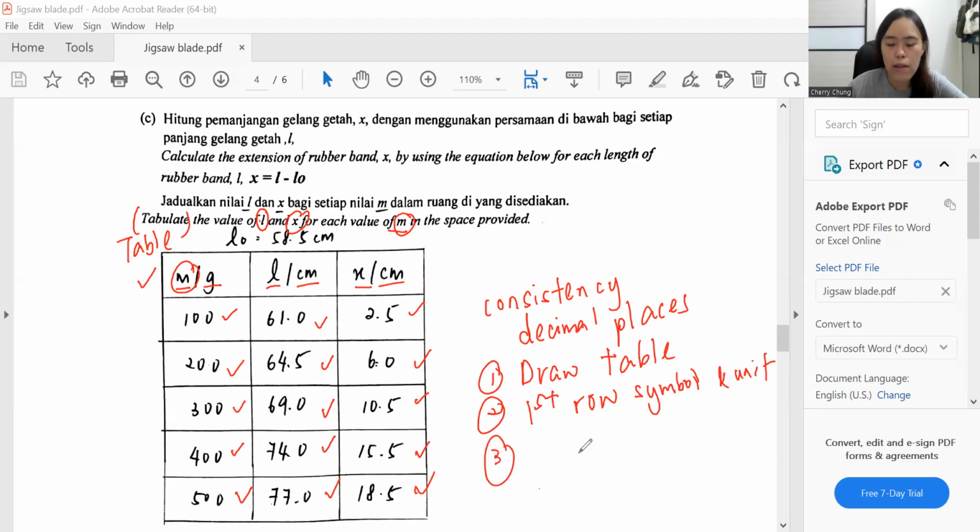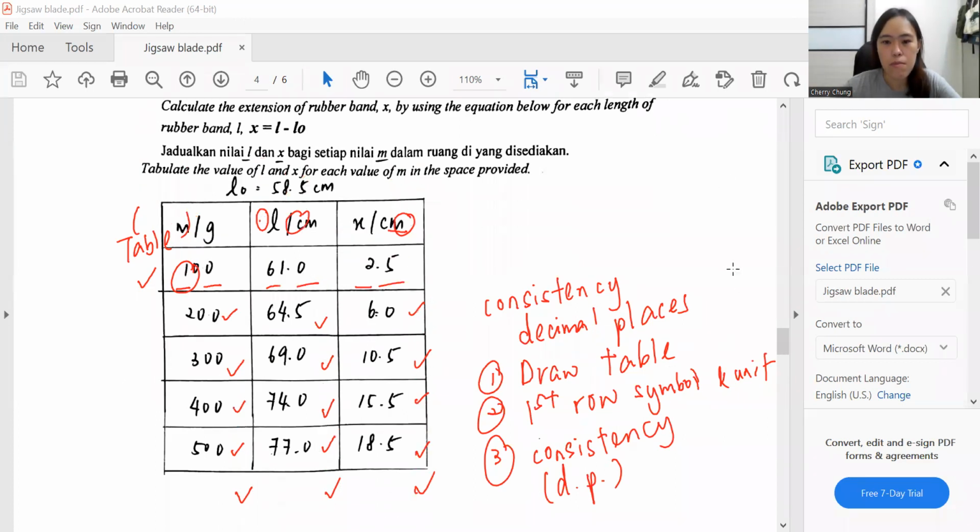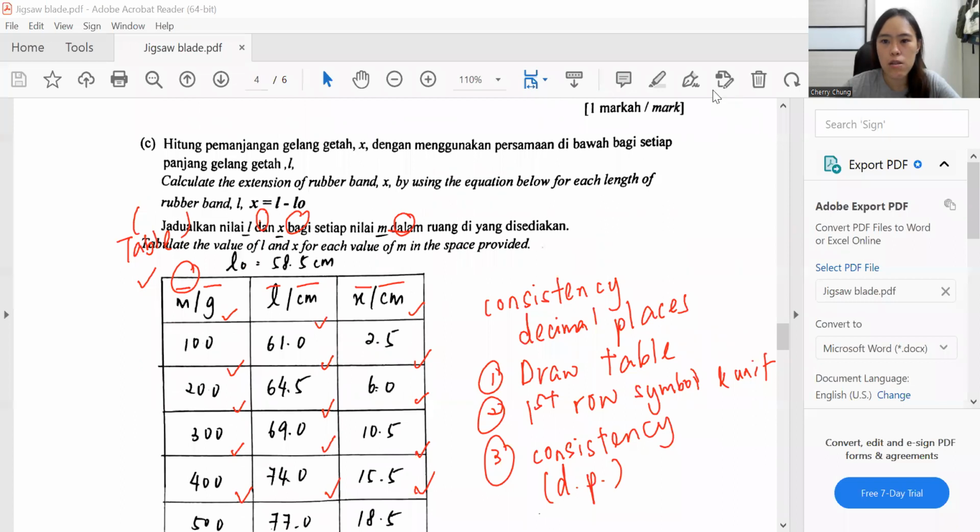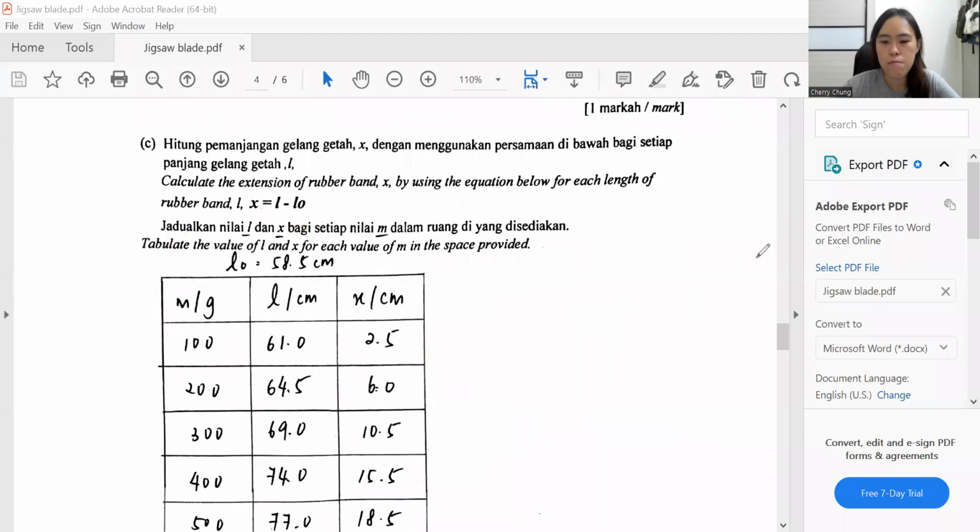The third one is the consistency, which is the decimal place. Each and every column, the decimal place must be the same. Okay, next.